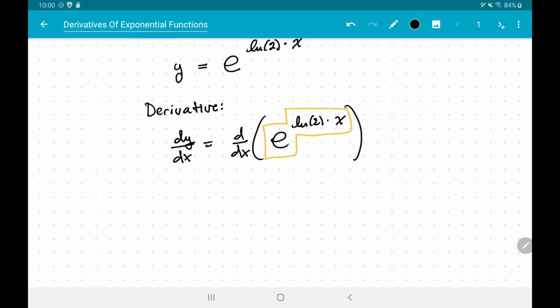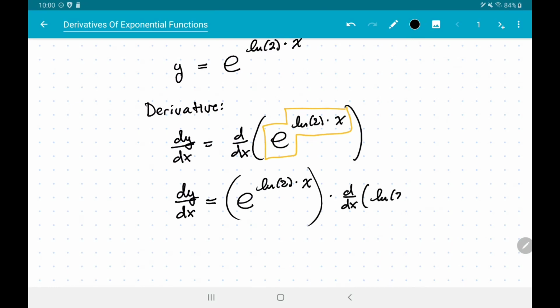So we use the exponential rule and the chain rule. The exponential rule says that the derivative of e to a power is, well, it's e to the same stuff. So that's the exponential rule. And then the chain rule says that we multiply by the derivative of the stuff.